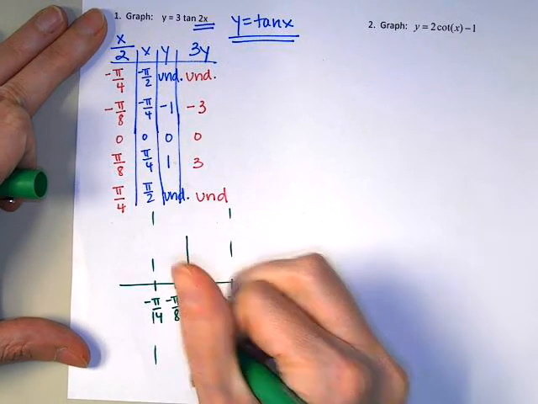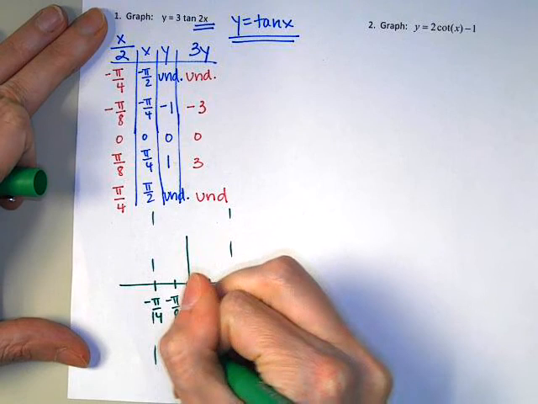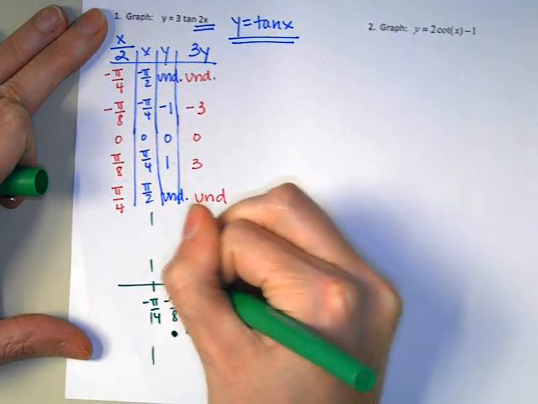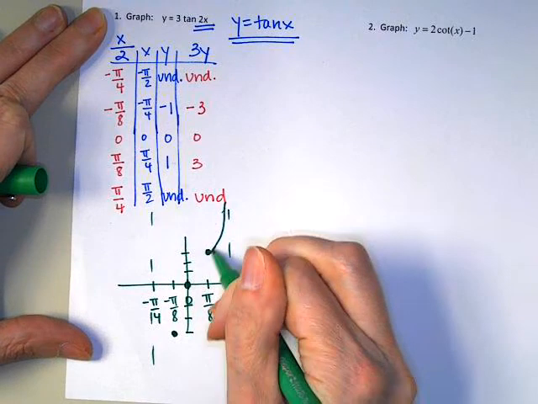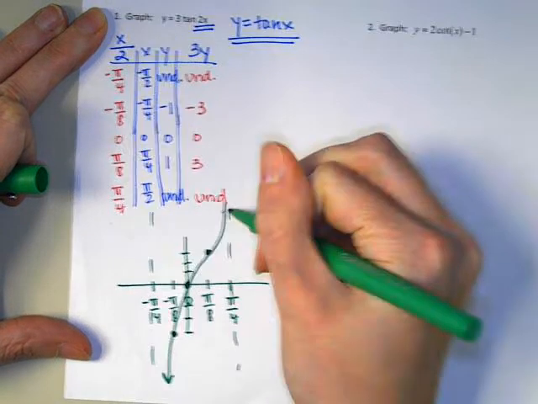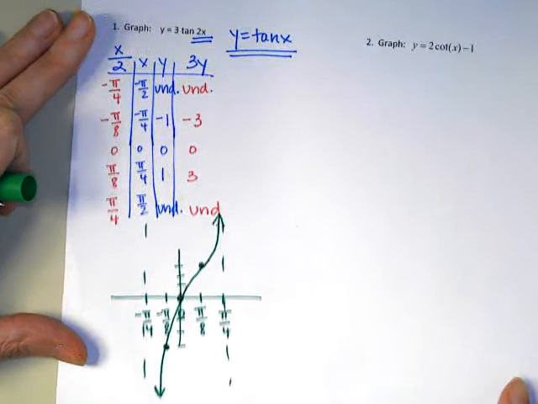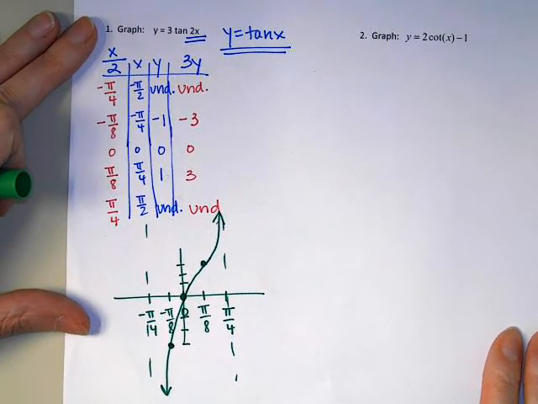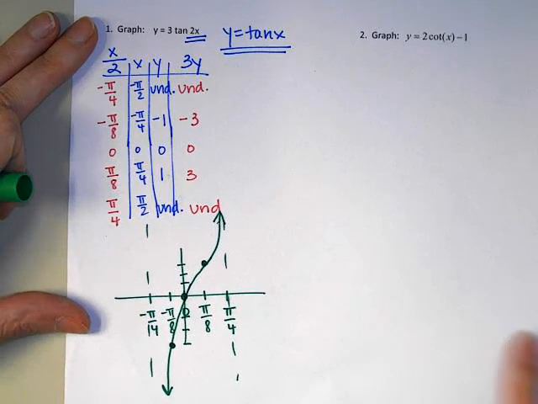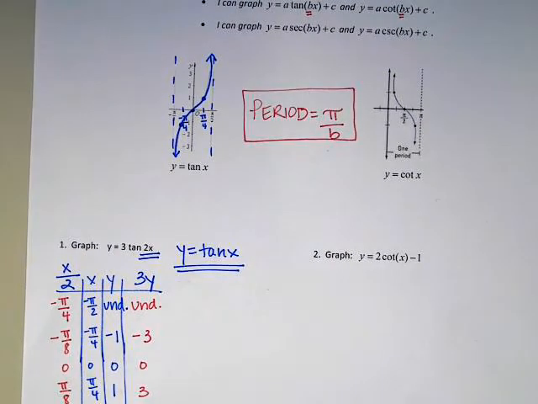At negative pi over 8, we're down at negative 3. And at positive pi over 8, we're up at positive 3. And then if you connect the dots, they will curve toward the asymptotes. And that's kind of your transformed tan. Okay. Awesome. Moving on. Number 2.